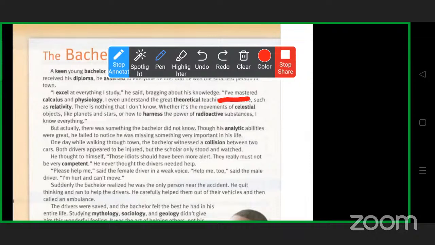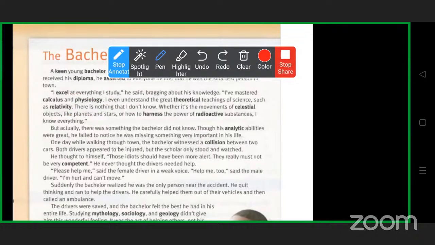I have. We say I have, we just abbreviate that to I've. So I have mastered calculus. Calculus is the field of maths in which we study the brightness and the luminosity of the stars and all. Calculus and physiology, the study of the human limbs or the body parts of human beings or any beings.